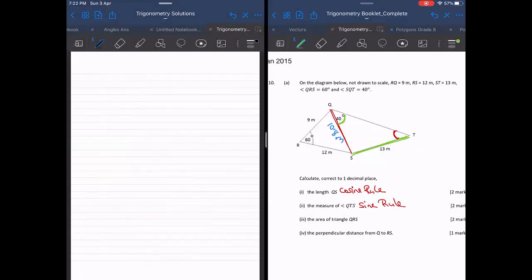Okay, for the person asking me for the sine rule formula, because we're finding the angle, we have sine A over A equals sine B over B. So it's going to be the sine of what we want, so I'm just going to call it x.